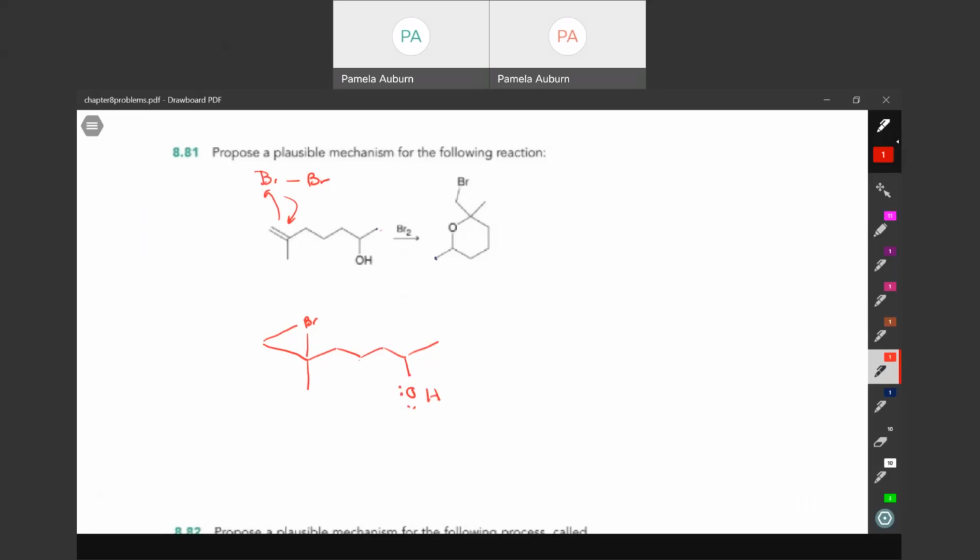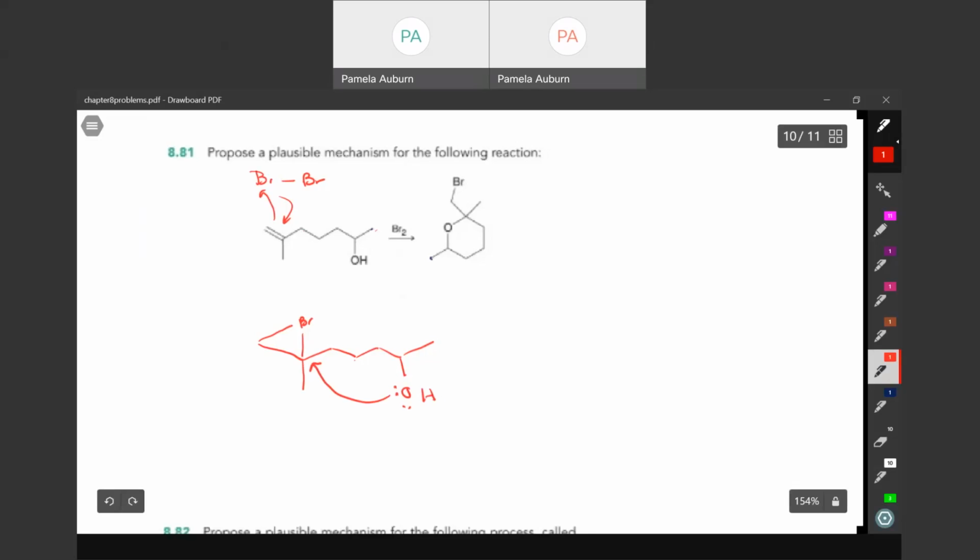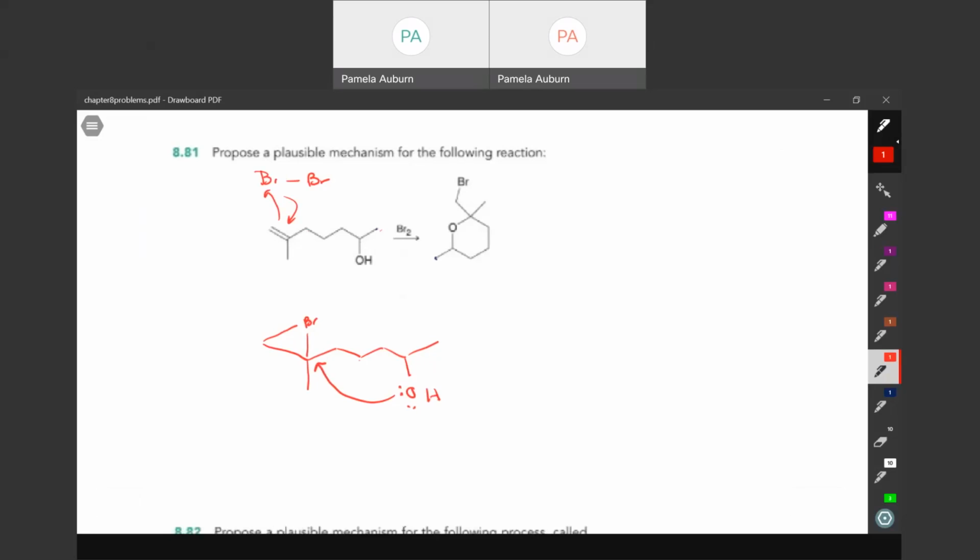And intramolecular reactions are, in fact, quite fast. So they're set up to go. And generally, if the choice is between an intramolecular reaction and an intermolecular reaction, the intra, which is the same molecule, will happen faster.